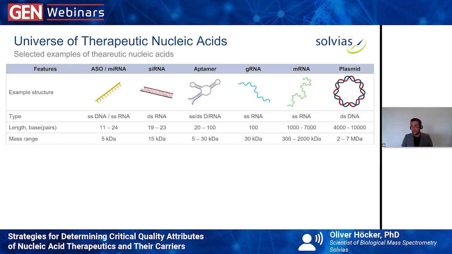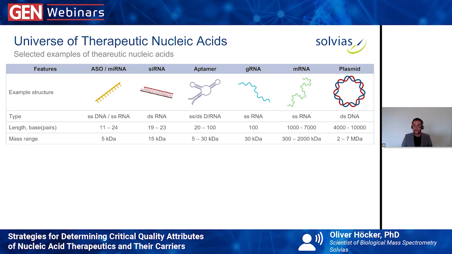Going to the right side, the plasmid that are in the several thousand to 10,000 nucleotide length with several megadalton molecular weight. And in between, we're having small interfering RNA that is double-stranded with conjugation. We have aptamers where the three-dimensional structure is really crucial, similar to proteins. Then we have guide RNA that is used for CRISPR-Cas for gene editing applications. And of course, mRNA, like in the COVID vaccine.